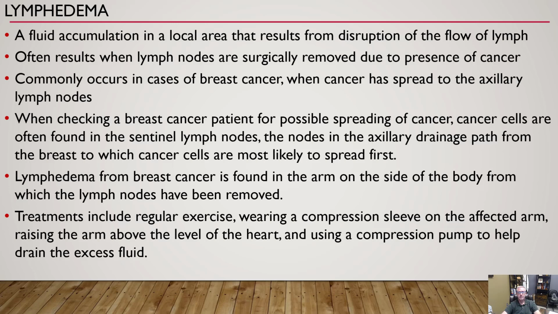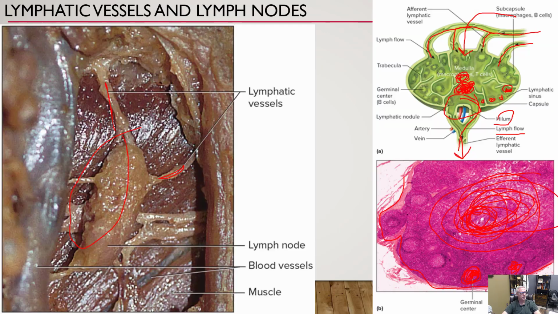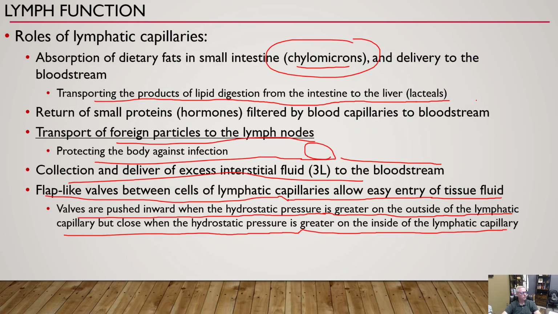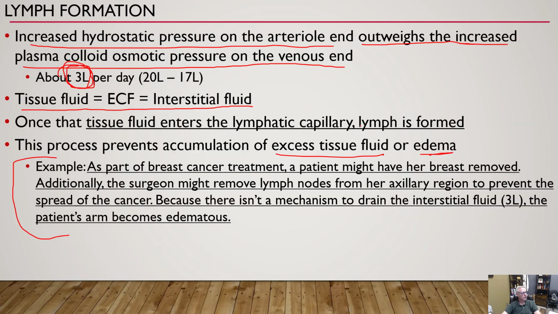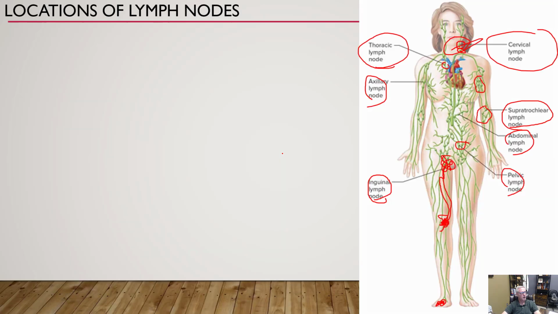But we have this thing called lymphedema, and it's basically a fluid accumulation because of a disruption of lymph flow, and it's usually because the lymph nodes have been surgically removed. So that example that we talked about several slides ago here, because of that breast cancer, would be lymphedema.